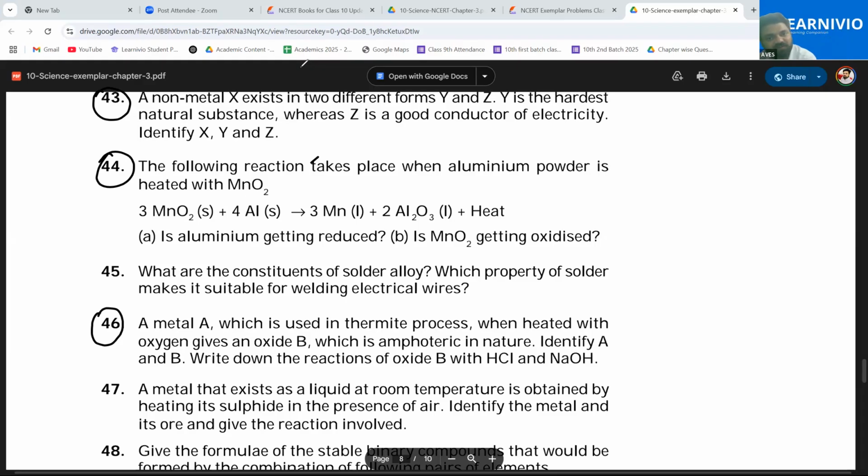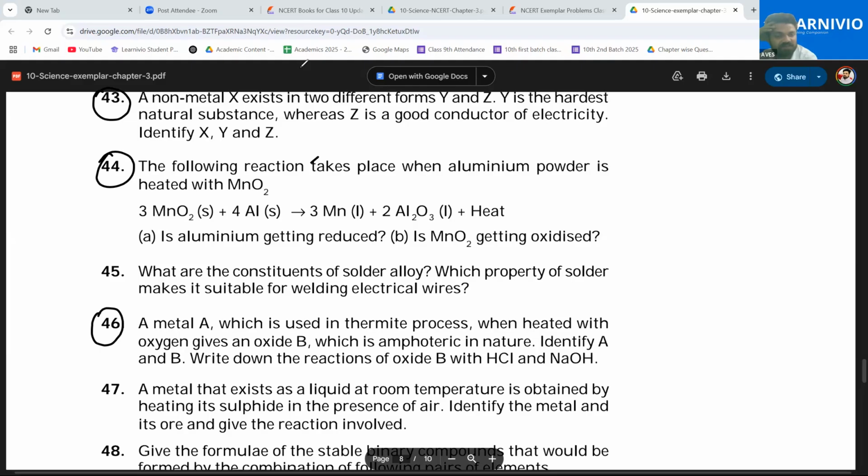A non-metal exists in two different forms. The non-metal is X, and the different forms are Y and Z. Y is the hardest substance, and Z is a good conductor of electricity. Can you name them? What is X, Ritvika? Sir, carbon.